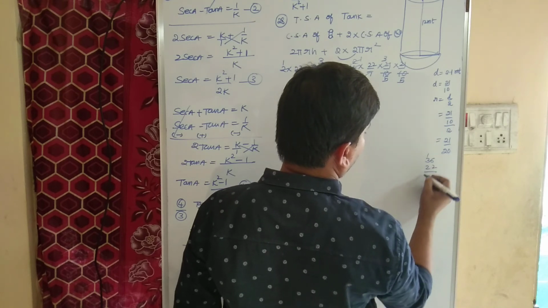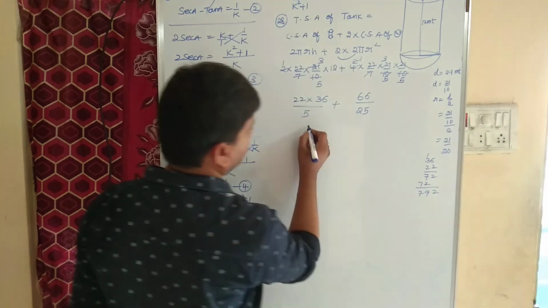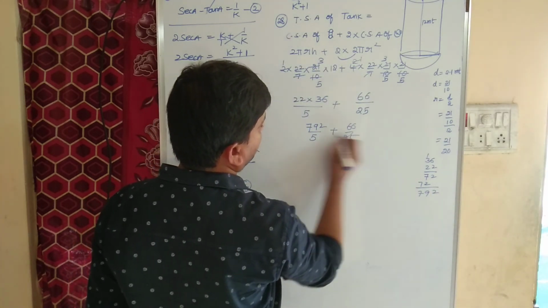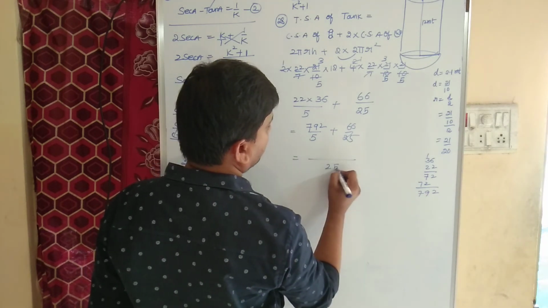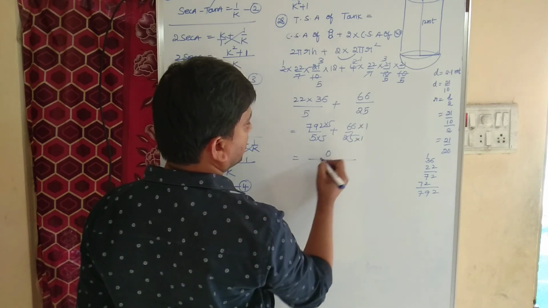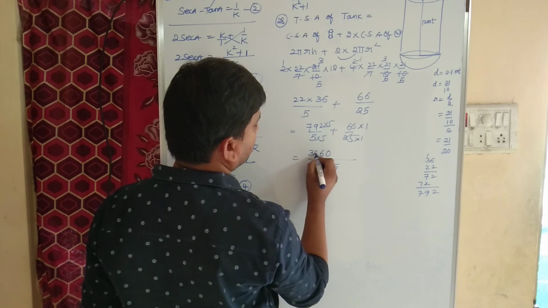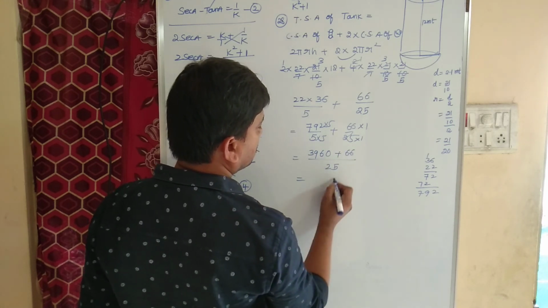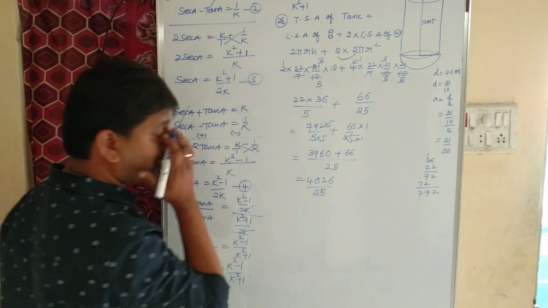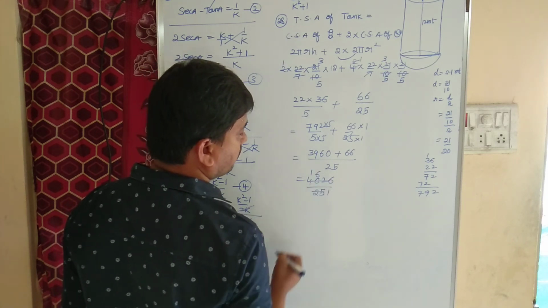It is 792. So 792 by 5 plus 66 by 25. The LCM is 25, so 792 into 5 plus 66 is 4026 divided by 25.